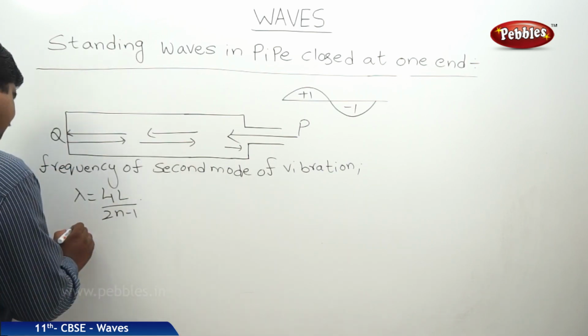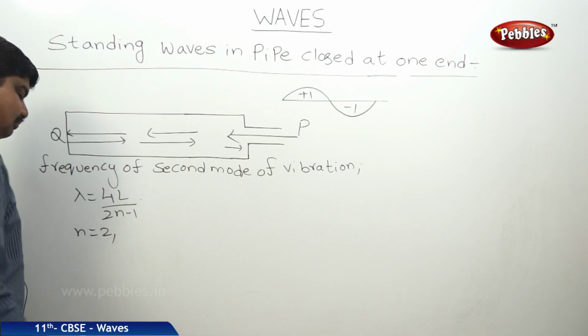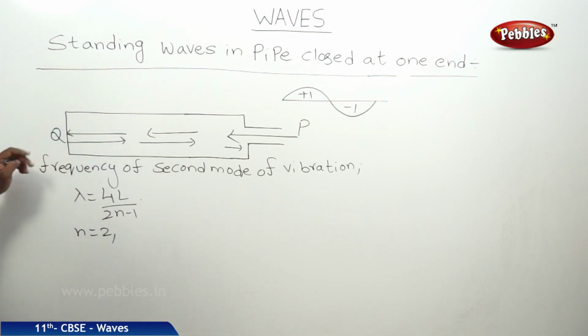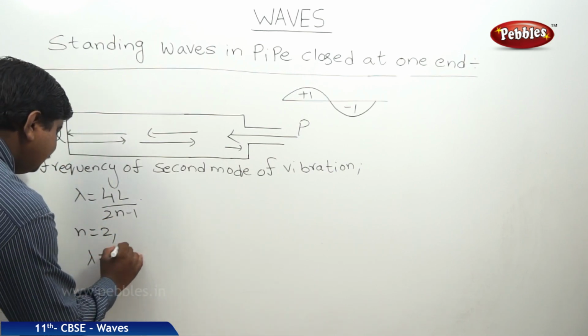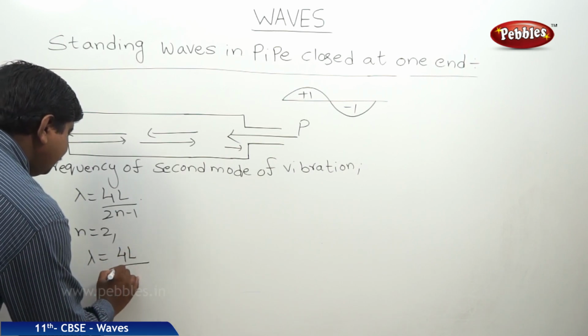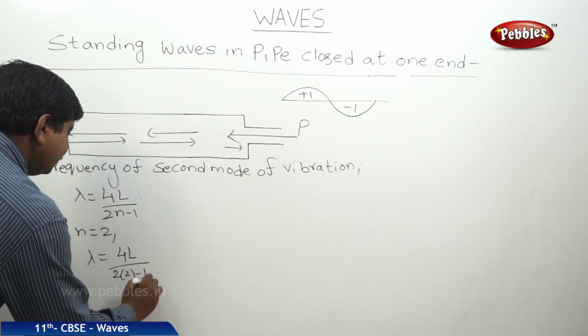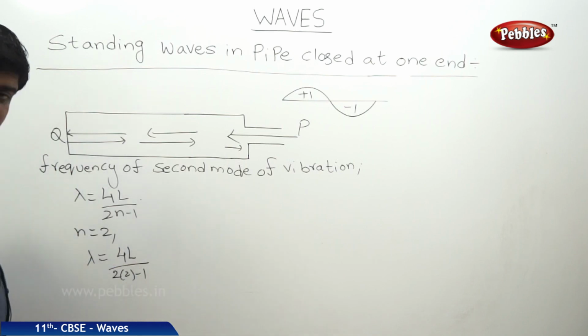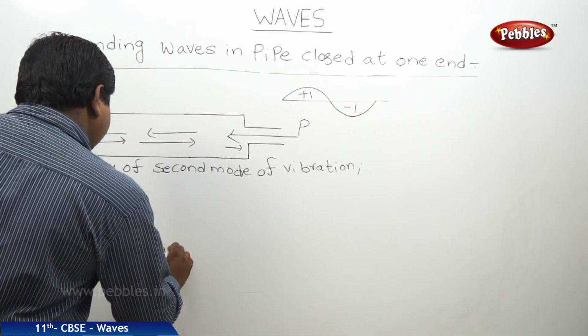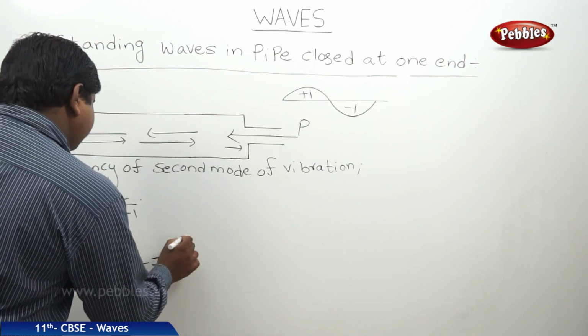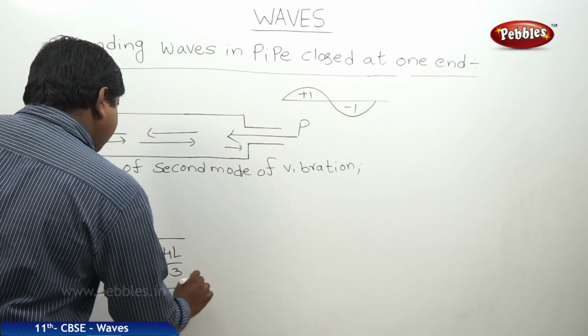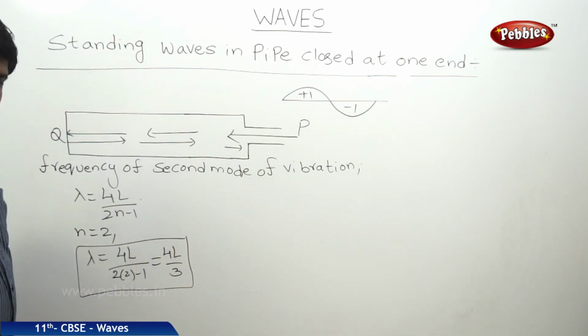Second mode of vibration means n is equal to 2. Now I am substituting n is equal to 2. Therefore, lambda will become 4L by (2 into 2 minus 1). 2 twos are 4, 4 minus 1 is 3. Therefore, it is 4L by 3. This is the wavelength in the second mode of vibration, 4L by 3.